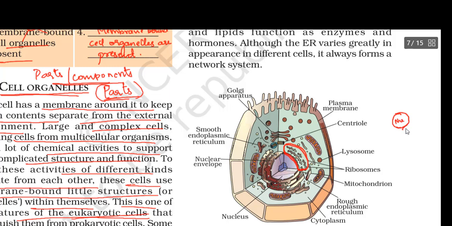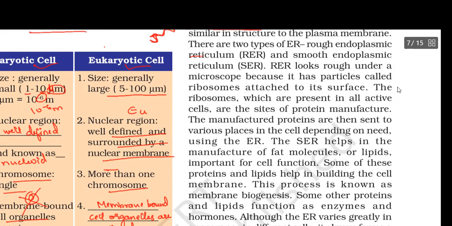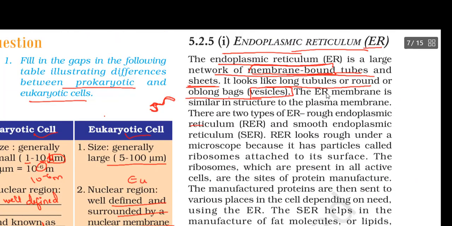Near the nucleus you are going to see the endoplasmic reticulum like this. These structures are called endoplasmic reticulum. Got it? The endoplasmic reticulum membrane is similar in structure to the plasma membrane.